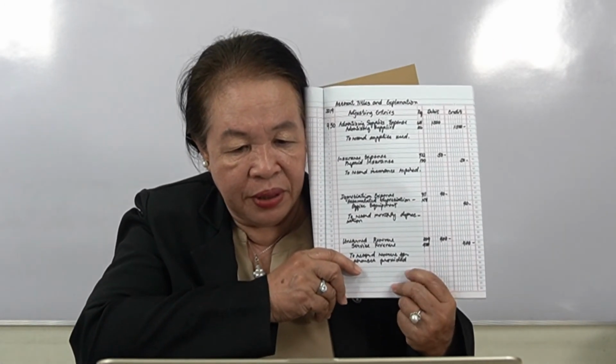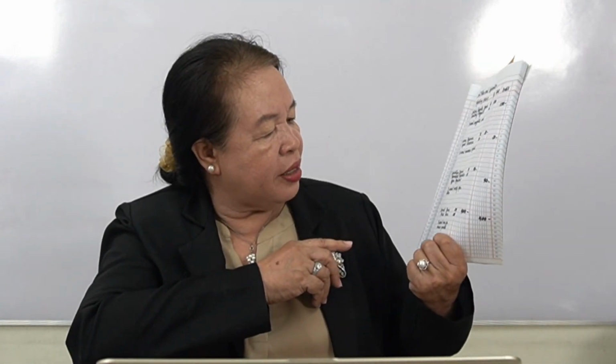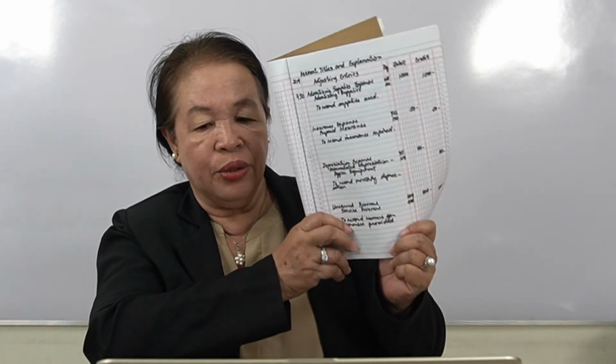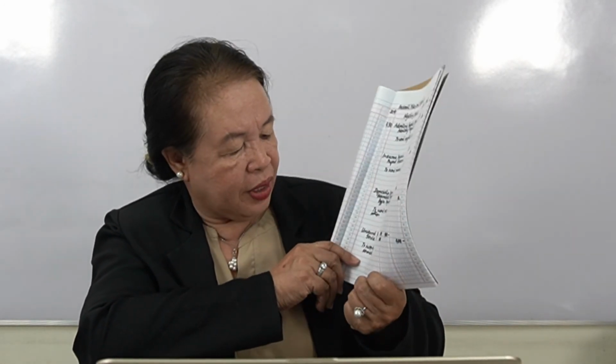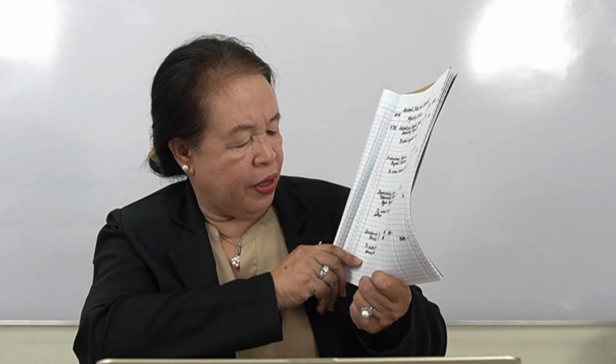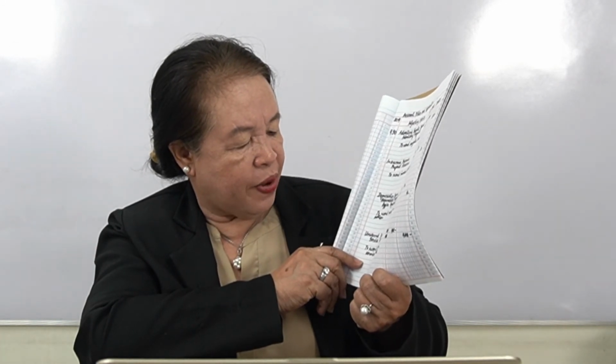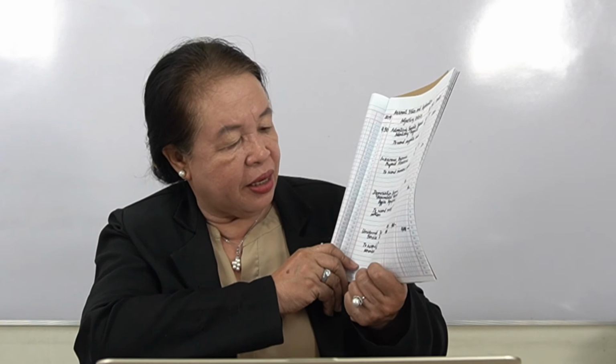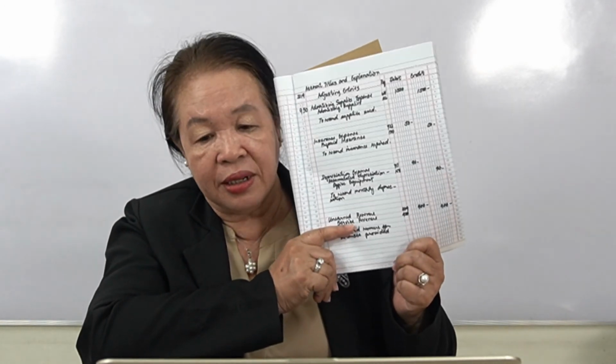Magkano yung unearned revenue natin? 400, no? So we have the unearned revenue of the 400 and then the service revenue of 400 to record the revenue for the services provided, no? So debit unearned revenue of 400 and then credit service revenue of 400 dinagdagan natin.